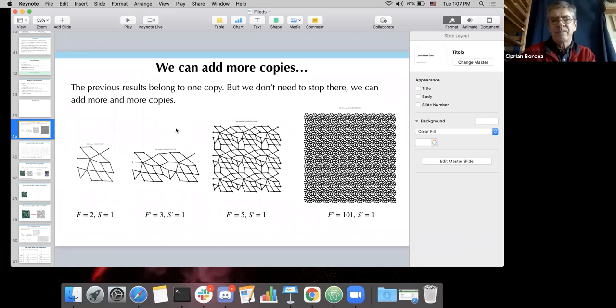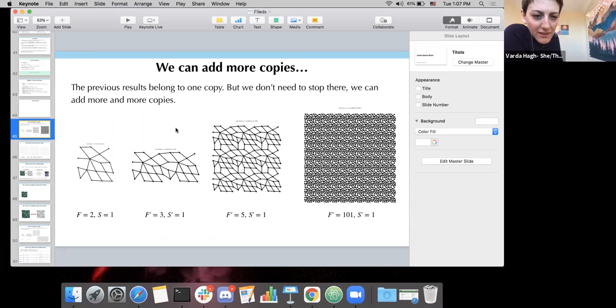I'm showing on the screen that we haven't just done doubling. We can build an n by n or n by m new lattice by repeating these along x and y, or in 3D along x, y and z directions.